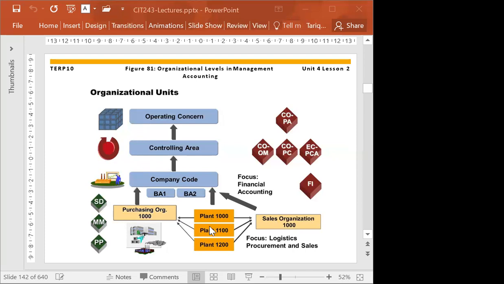We might be providing plumbing services, training services, technical services, electric services. That happens at the plant level. So we are getting transactions from purchasing, from plants, and from sales into our controlling area.